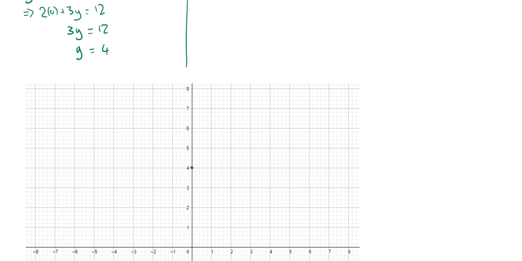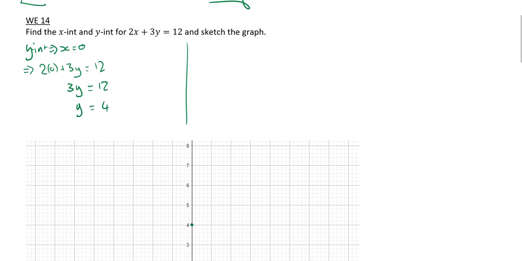Right there, when y equals 4. Cool. If I were to write that as a coordinate point, what would it look like? 0, 4, yeah. So 0, 4 is the coordinate point because remember x always comes first, followed by y, and that is my first point for the thing.